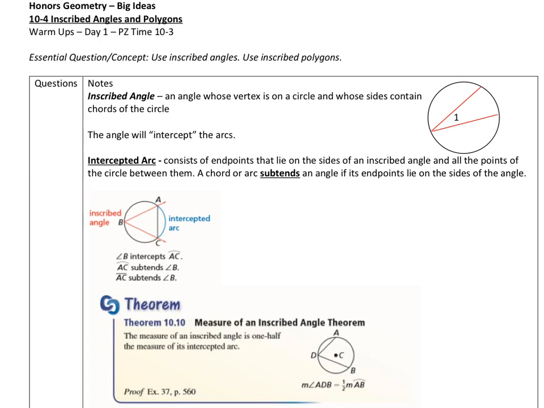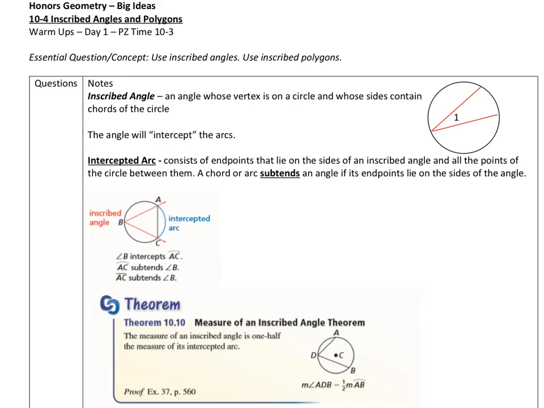So if we take a look here, you can see here's our inscribed angle. This blue one is the intercepted arc. Angle B intercepts arc AC, so that's our intercepted arc from our inscribed angle.